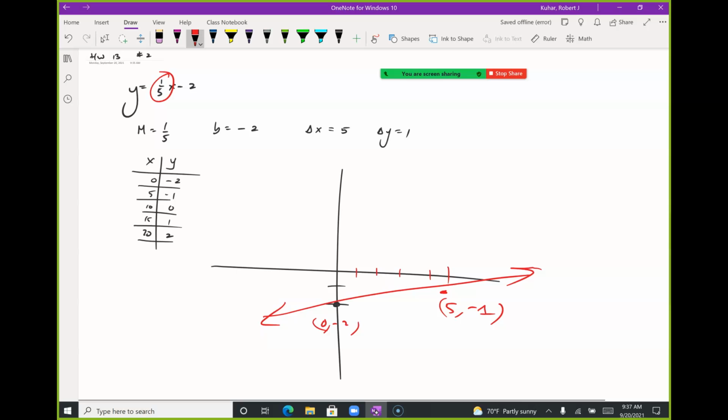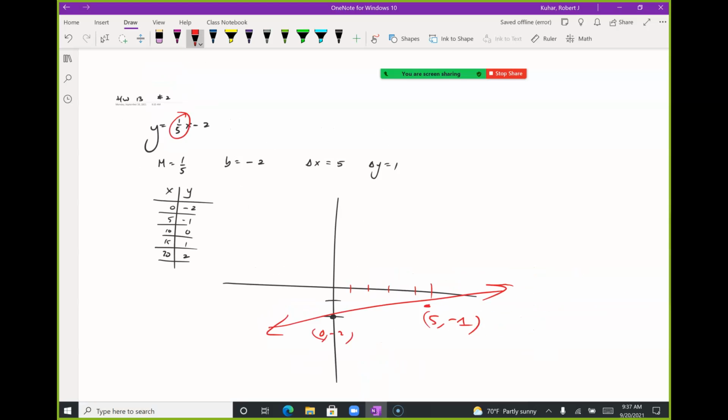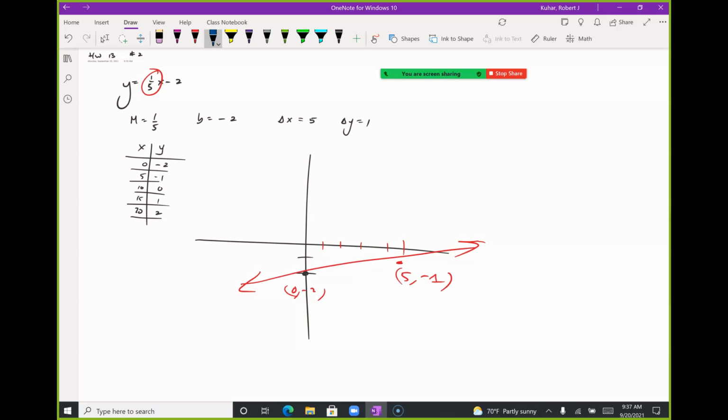Professor, can you explain the table really quickly? Yes. So where did I get the table? If I'm just thinking like middle school level, I'm going, okay, well, what x's should I plug in there to get rid of fractions, right? So I'm looking at that line, 1/5 x minus 2.